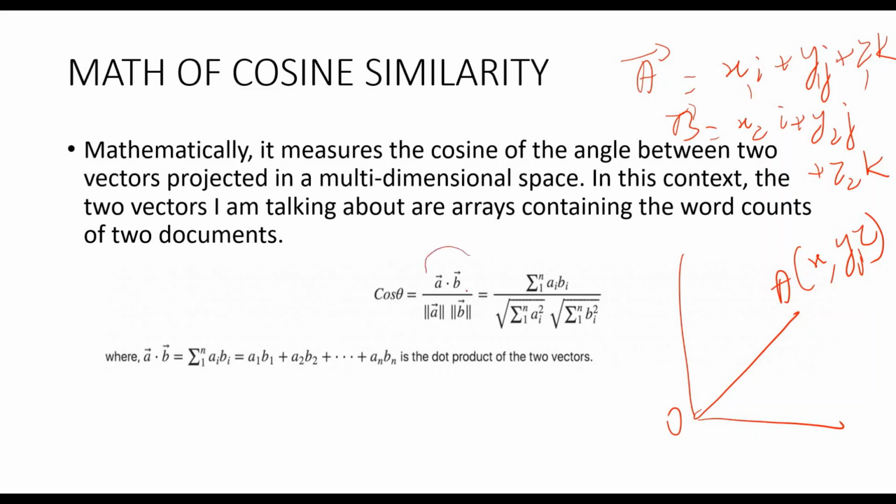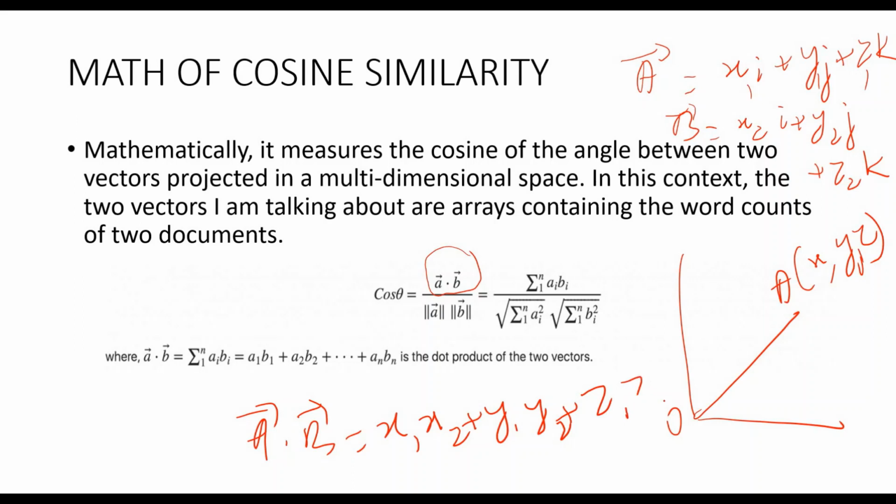So A dot B is equal to x1 x2 plus y1 y2 plus z1 z2. This is the formula for the dot product.